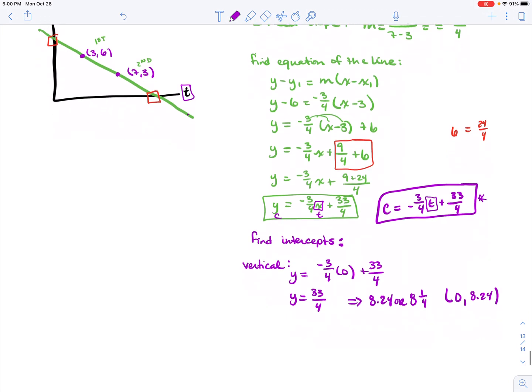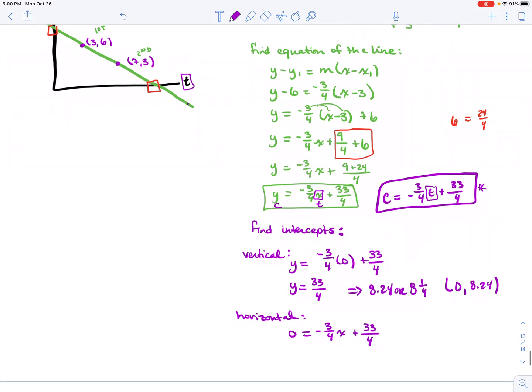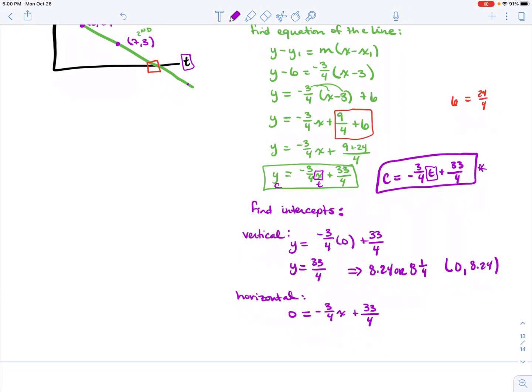Now let's deal with our horizontal intercept. So I need to set my dependent variable to 0. Then I have minus 3/4 x plus 33 over 4. Now I'm going to get rid of my 4 on the bottom.